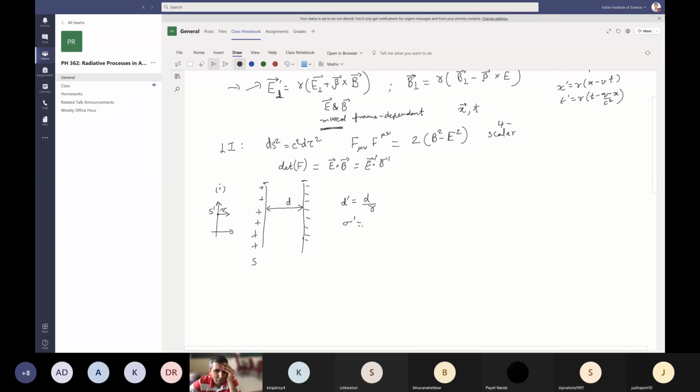Sigma prime is equal to sigma, because the contraction is happening in this direction, not in the perpendicular direction. So the charge per unit area remains the same, because the perpendicular area does not change. It's only the longitudinal length which changes. Do you get this?